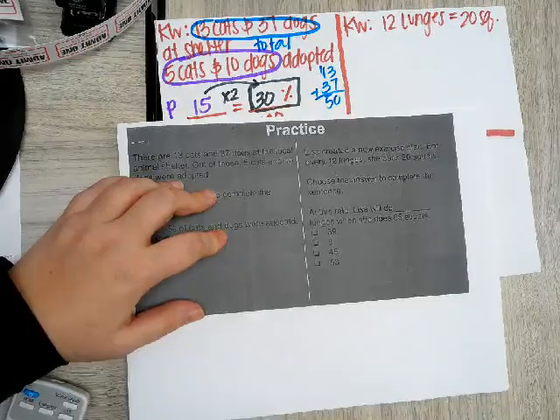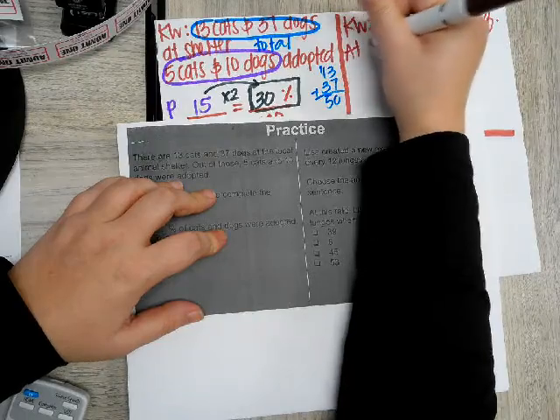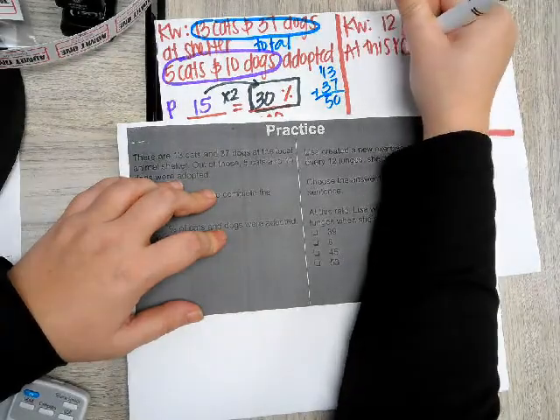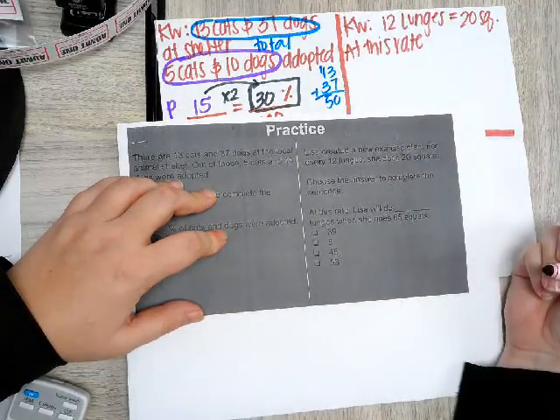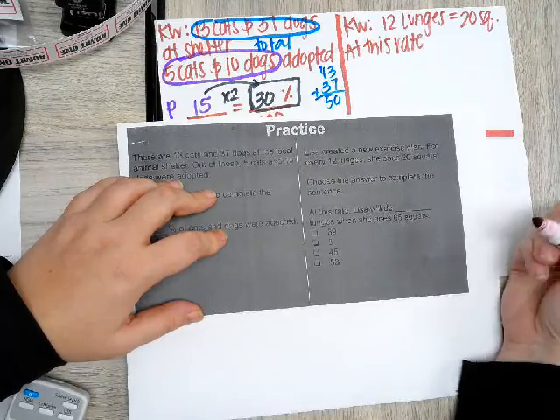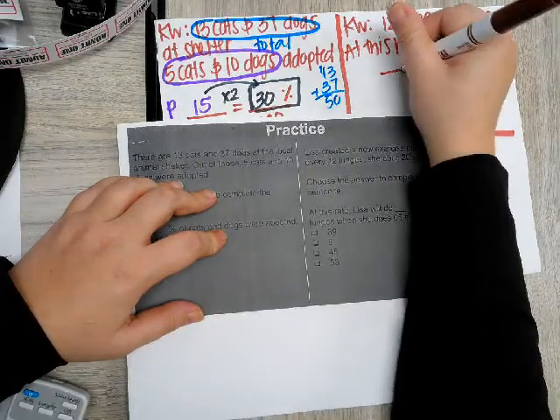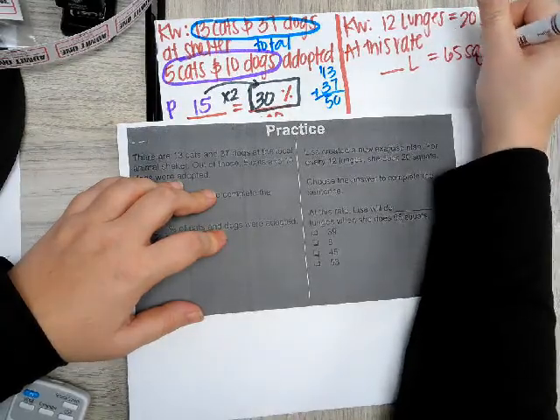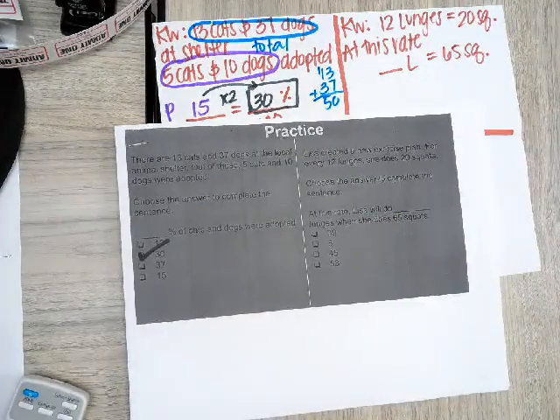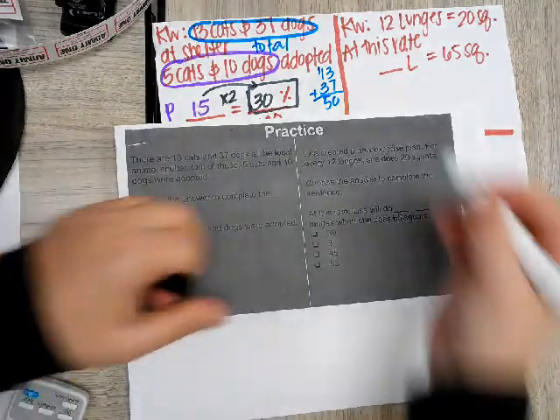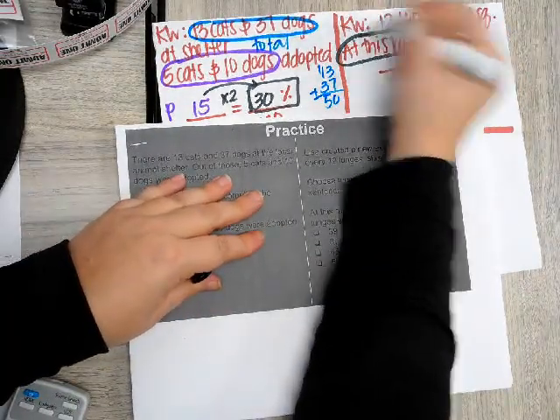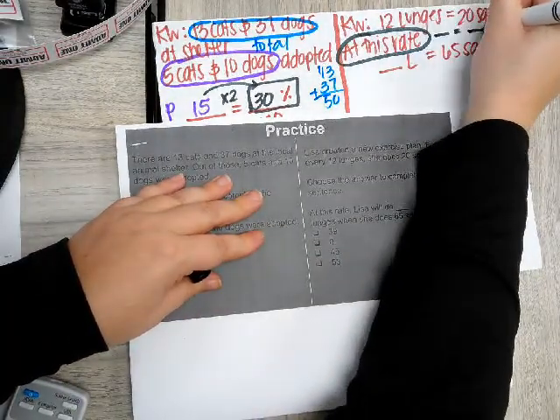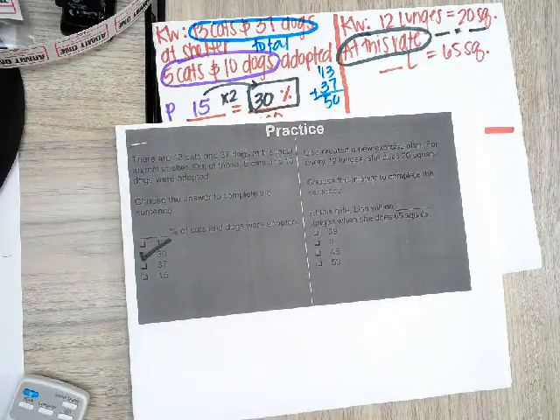At this rate, Lisa will do blank lunges when she does 65 squats. So remember, if we see at this rate, the first thing is either a ratio table or a proportion.